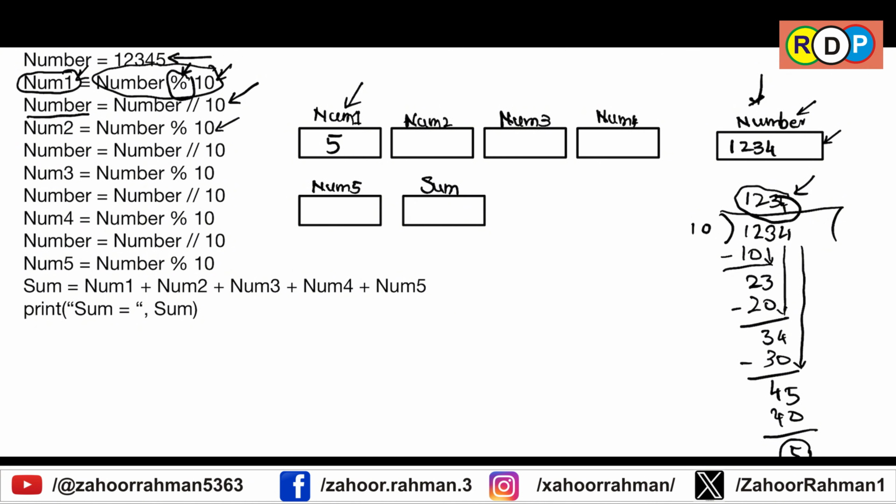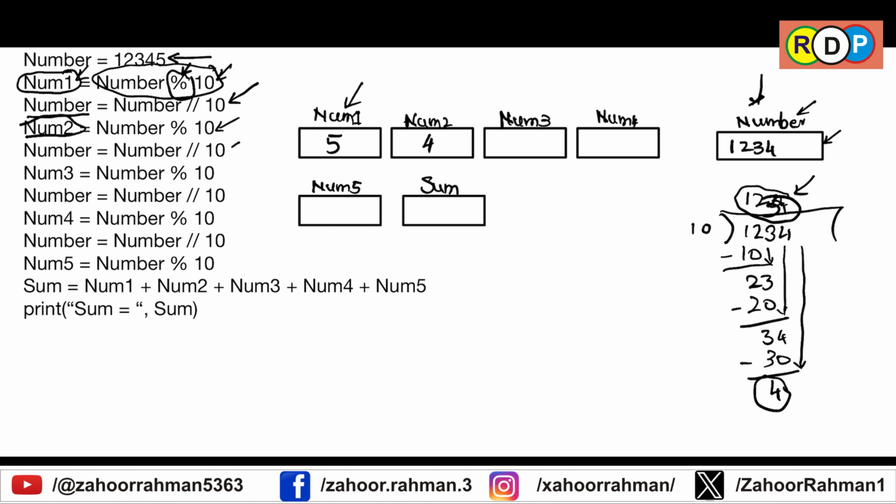So it will be 1 2 3 4, and if we are dividing it, we will get 1 2 3 here, and this time 4 will be stored inside num2, which is this variable.